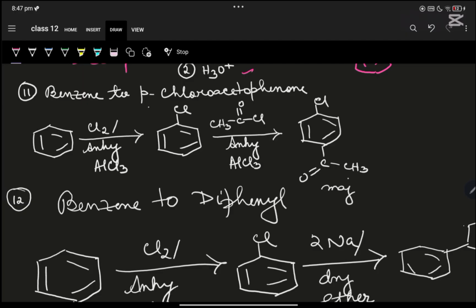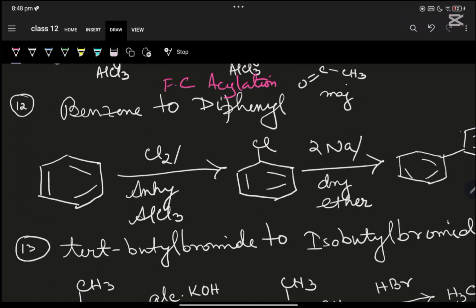You will get chlorobenzene, and then you give CH3COCl, anhydrous AlCl3. Friedel-Crafts acylation, and you will get COCH3 in the para position as the major product because Cl is ortho-para directing. It is an activating group.